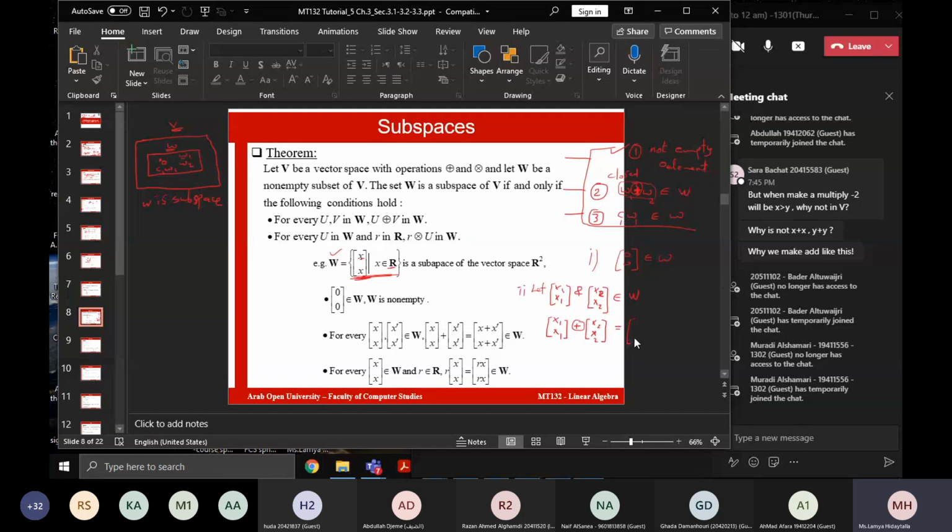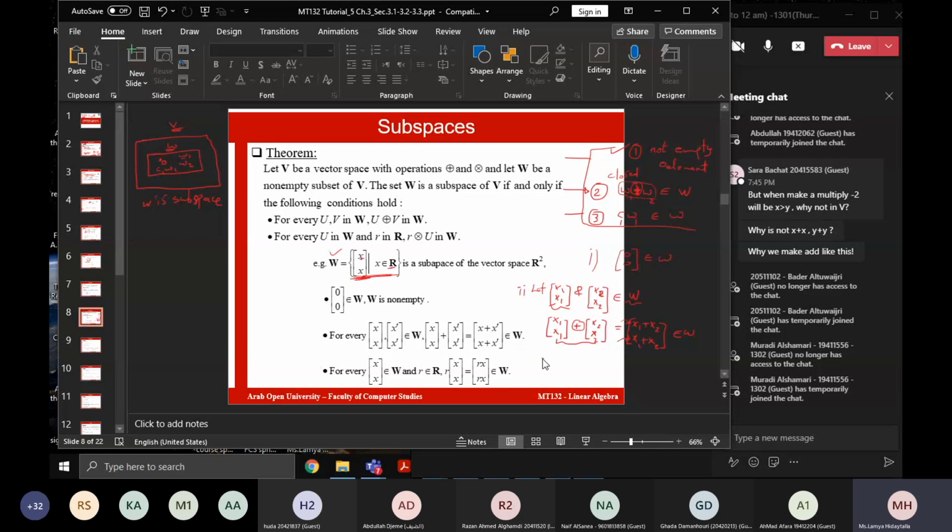The resultant is x1 plus x2, and here x1 plus x2. So the first element is the same as the second element. So the resultant is always an element in W. So we proved the second one. Now what remains? To prove the third one. Let's take x1 from W.